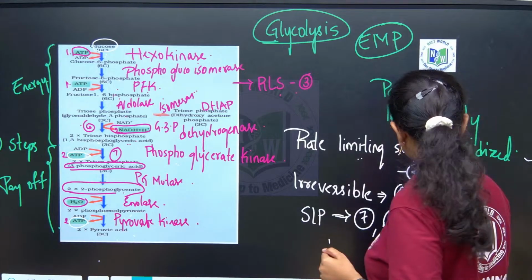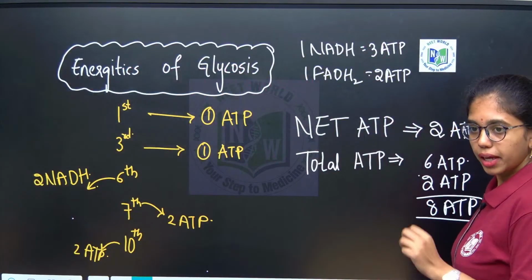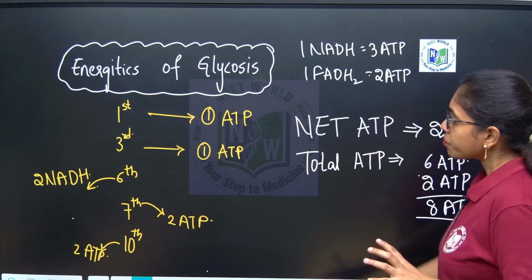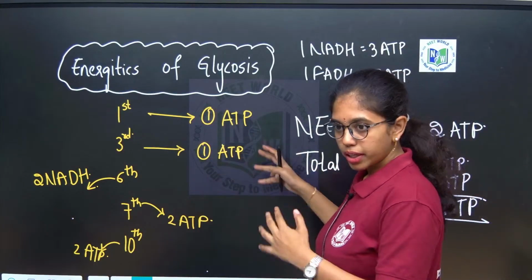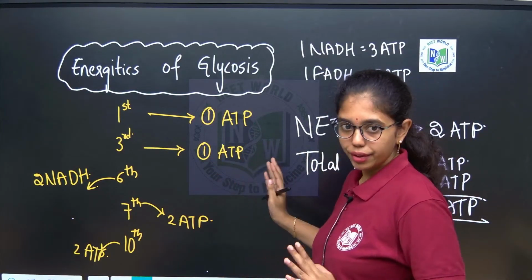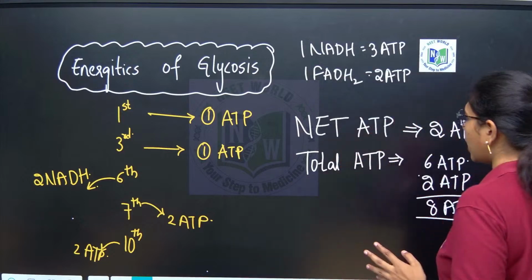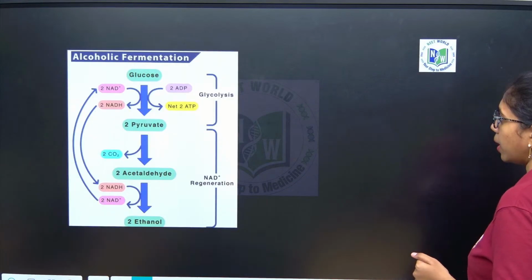Done, right? Net ATP and total ATP, energetics of glycolysis is clear. In whichever steps energy is being released and utilized, that should be clear in your mind. Online students, you can take a screenshot of this.